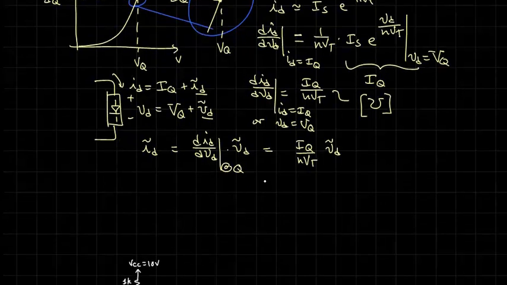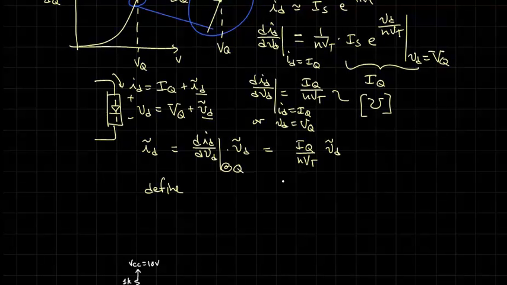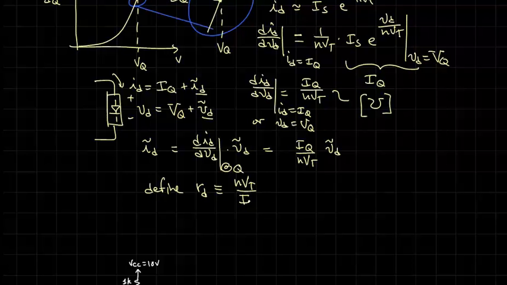Because this slope has units of mhos, let's define the inverse of that. Let's define little rd as equal to NVT over IQ. And then we can write that little VD is going to be equal to little RD times little ID.